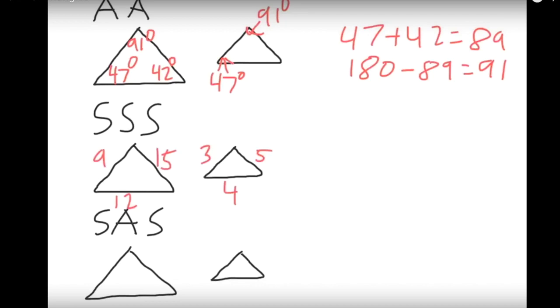So this one we have 2 triangles, one with measurements 9, 12, 15, and one with measurements 3, 4, 5. And we want to know, are they similar? In order to find that out, we did something similar last time when we were talking about similar polygons: we have to set each ratio of sides equal to each other.